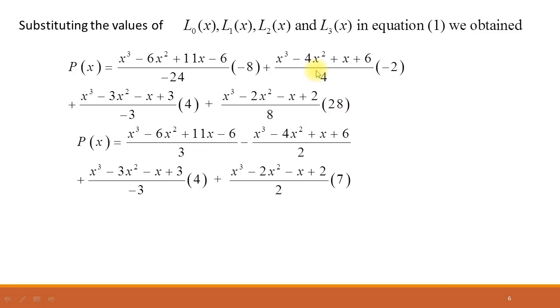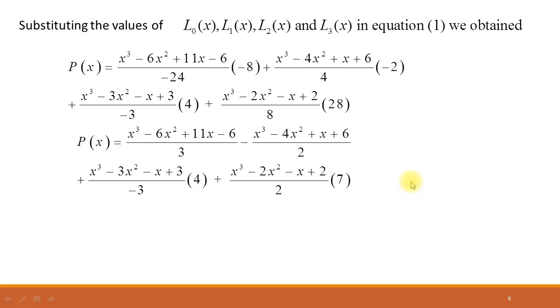Now 2 to the 4, so the second expression is divided by 2. The third expression is 4 by 3, and the last expression is 28 divided by 8, so 4 to the 8 and 4 7 the 28.